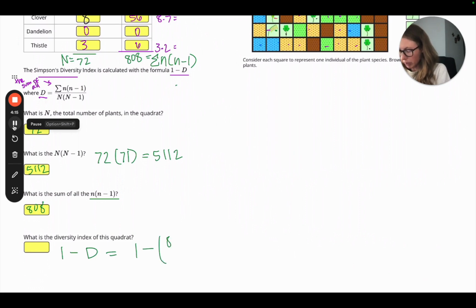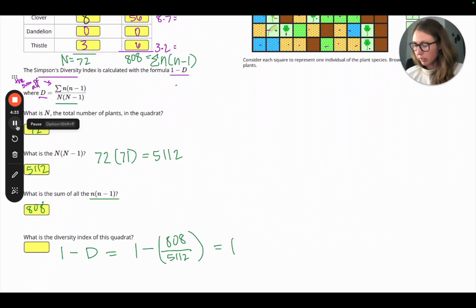So on the top of the fraction is 808, and on the bottom of the fraction is this one, n times n minus 1, of all the total species present. So 1 minus 808 over 5,112. I'm going to make sure on this skill that it's set to need 3 significant figures for you to practice to make sure you do all of this correctly.